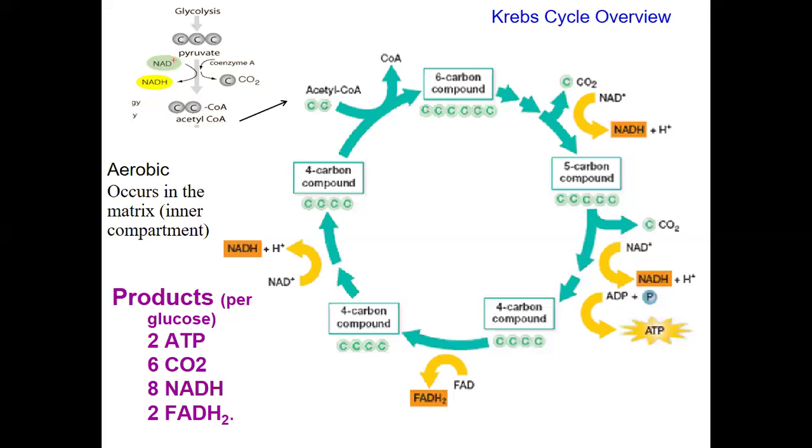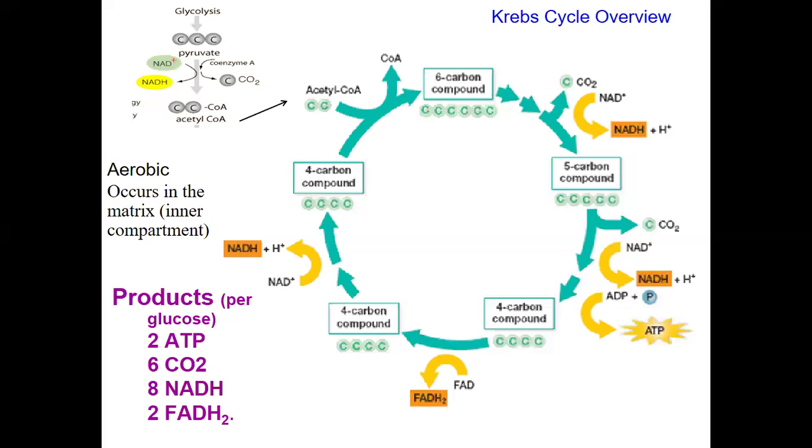This diagram shows the number of carbons present in each compound formed from acetyl-CoA, from a 6 carbon compound to 5 carbon, to 4 carbon compounds, and eventually back to 6 carbon compounds. So it's an ongoing process, and it occurs in the matrix, that means the inner compartment.